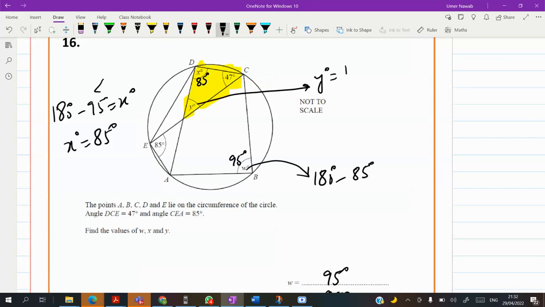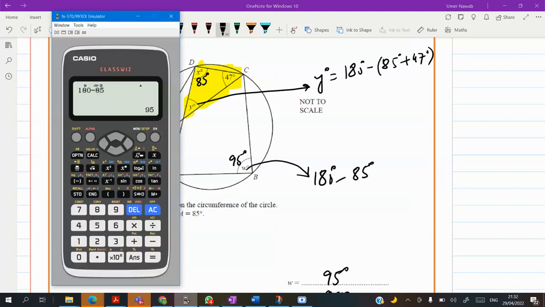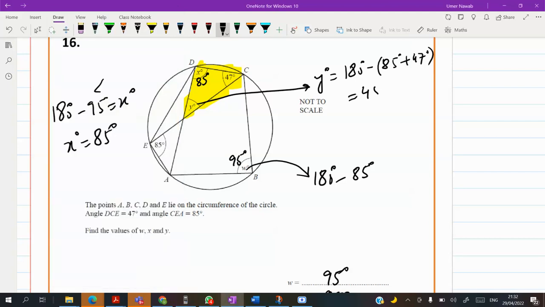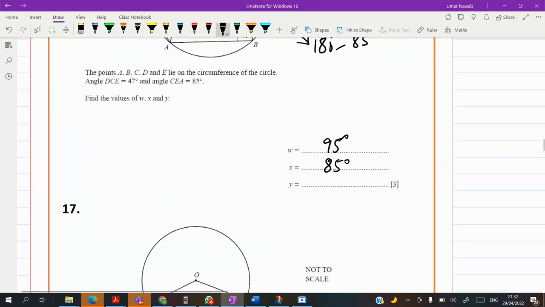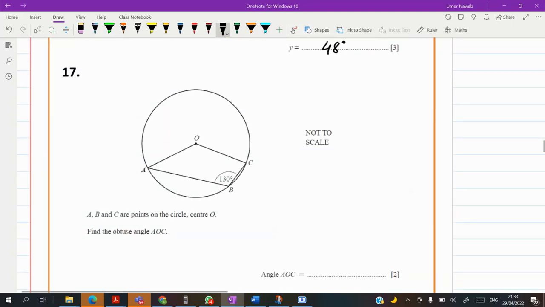So y is equal to 180 minus 85 plus 47, which will give you 48. So y is 48. No reason is required here.